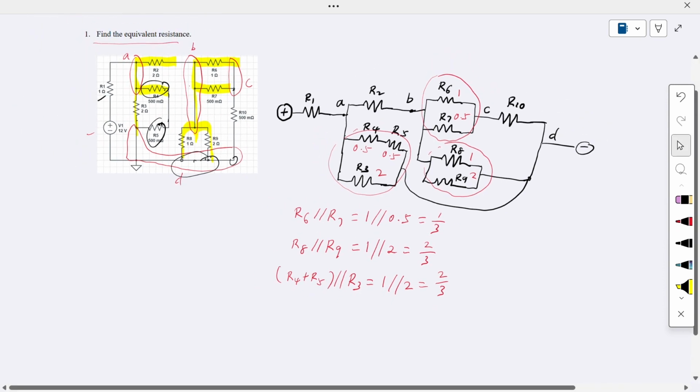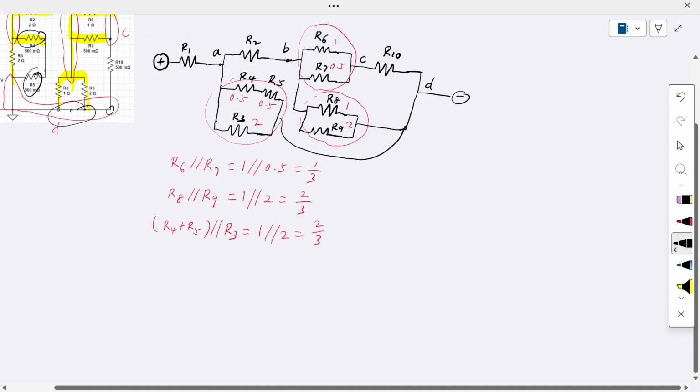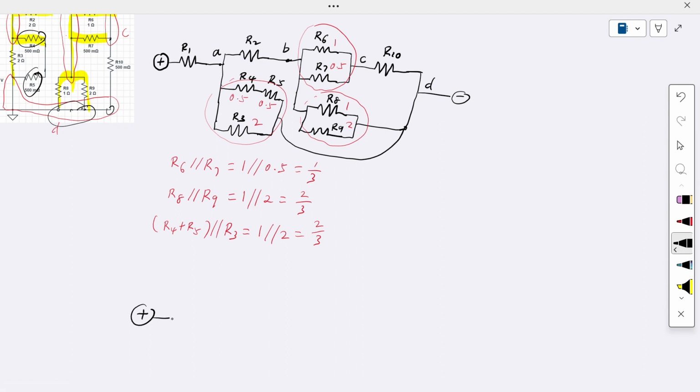Okay, so from this, we can reduce this circuit. We draw this, starting from the positive terminal. Then we have R1 connected to this node here. Okay, so this node is split into R2.